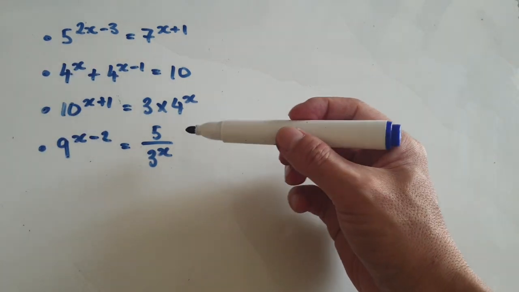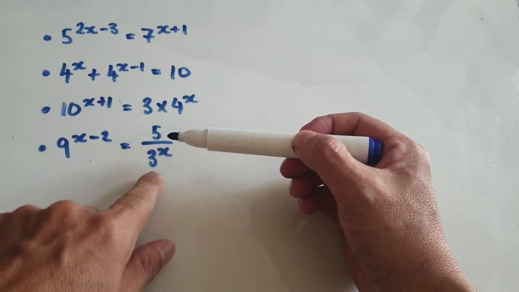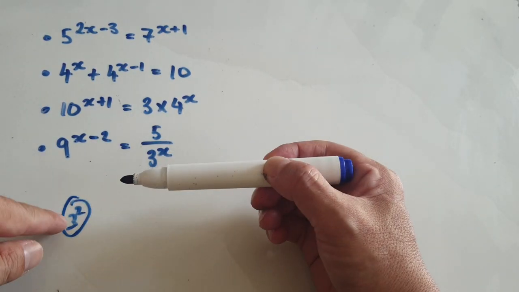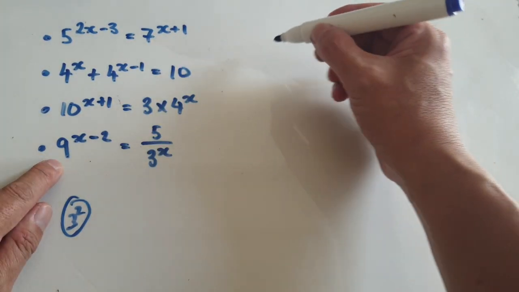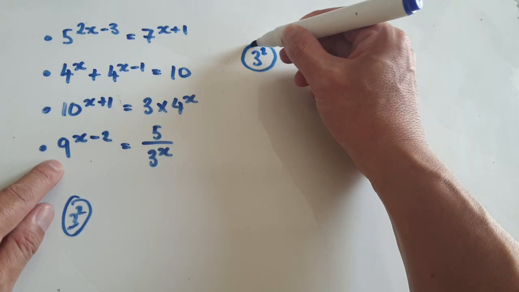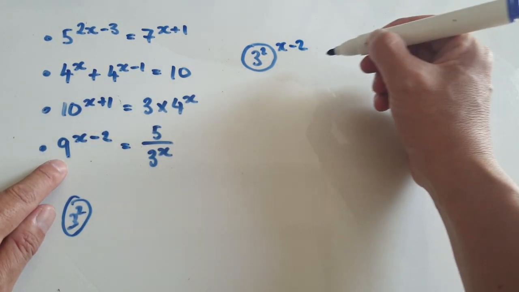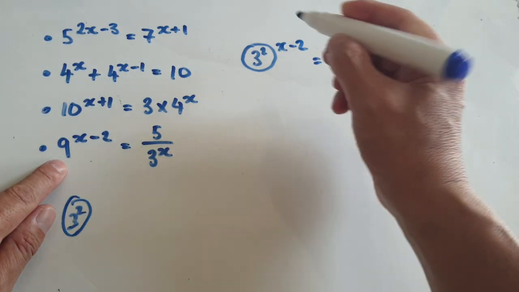when you come to do these exponential equations, with a 3 and a 9, you should be able to spot the number 9 is really 3 squared. So that's one of the tricks. So rewrite the number 9 as 3 squared. This here is the number 9 to the power of that thing, to the power of this thing here, equals 5 over 3 to the power of x.